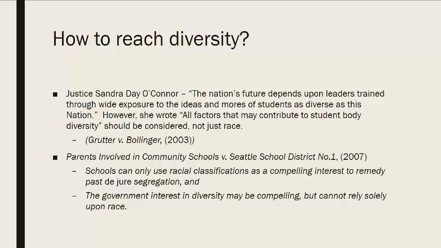This is a case that came out in 2007 in Seattle. We saw the one from Tennessee. Here's one from Seattle. Parents Involved in Community Schools versus Seattle School District. Schools can only use racial classifications as a compelling interest to remedy past de jure segregation, past legal segregation. And the government interest in diversity may be compelling, but cannot rely solely on race.